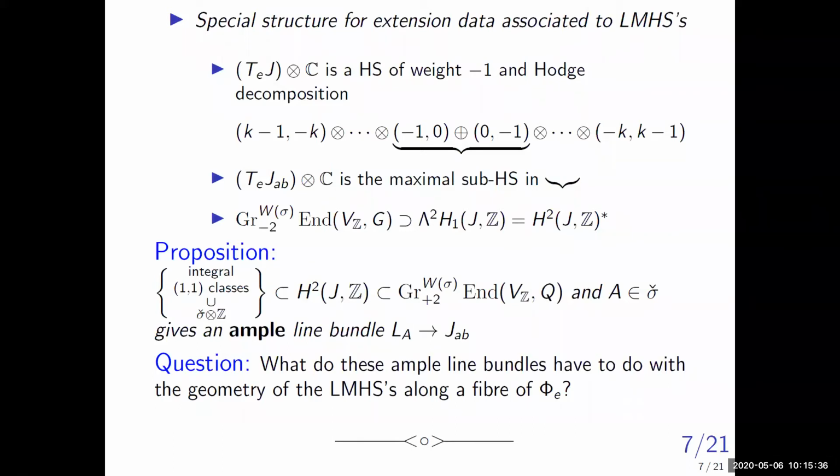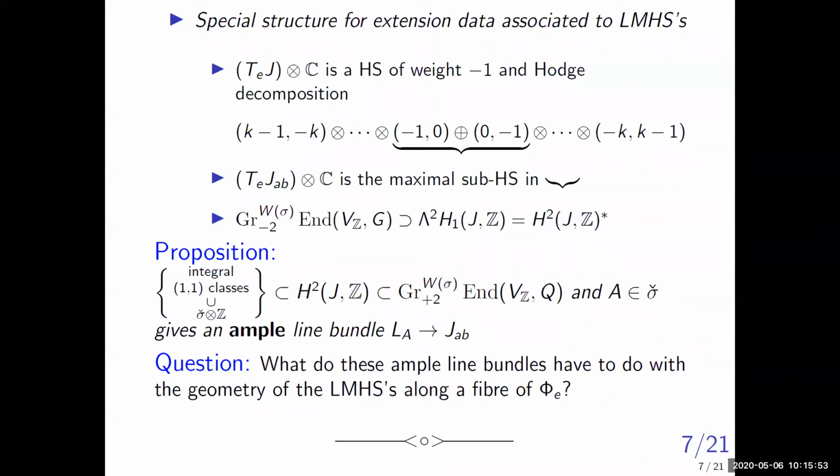That comes about by looking at the algebraic construction, the graded minus 2 of the endomorphisms. That should be Q, not G. It contains wedge 2 of H1 of the compact torus, the full torus, which is the dual of H2.